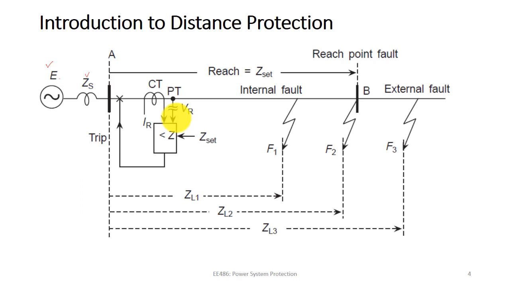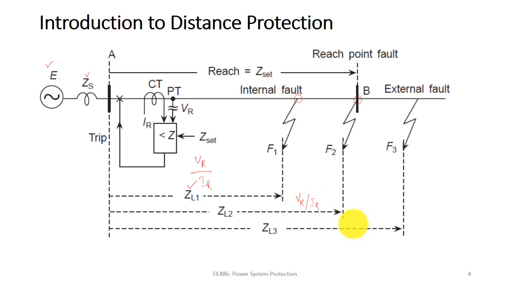Now, suppose the fault happens at F1 at this point, then the impedance seen by this relay will be ZL1, that is nothing but VR by IR. Very simple, right? Similarly, if the fault happens here at point B, the impedance seen will be ZL2, which will also be VR by IR, right?